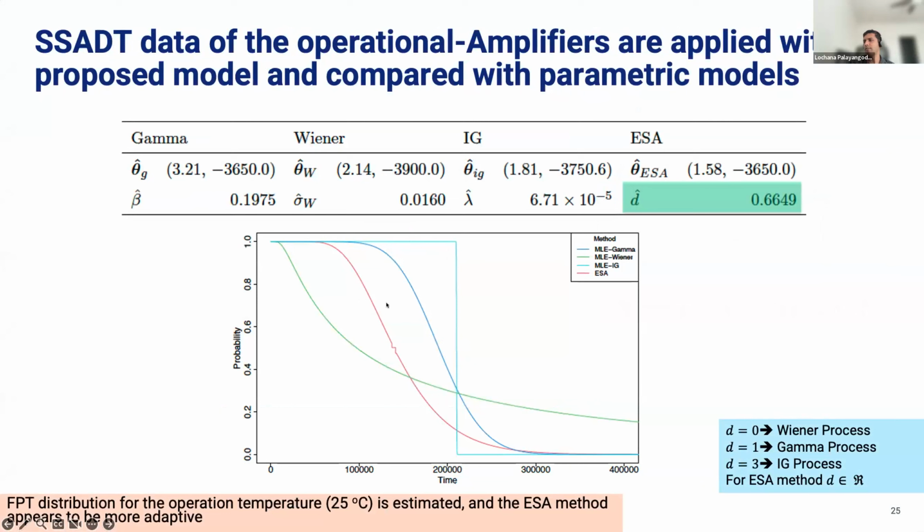What we found is that to figure out the failure time of a product, our model is more data driven. It's not an extreme distribution. Whatever data we are getting, it will give better results compared to the parametric models, which we believe is a more adaptive technique.